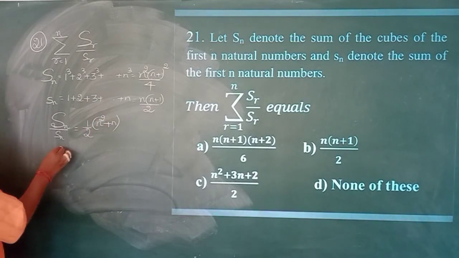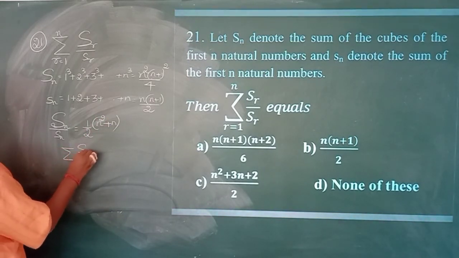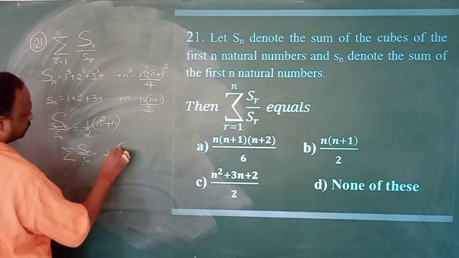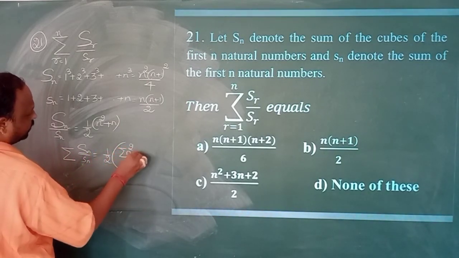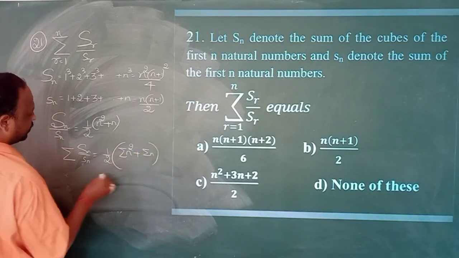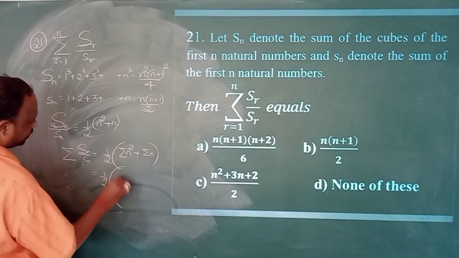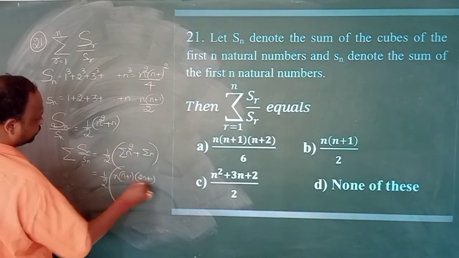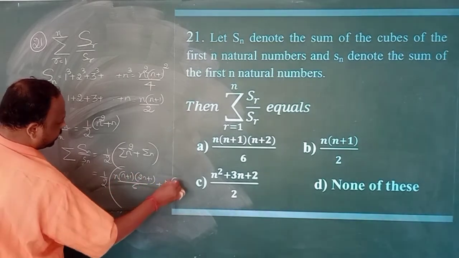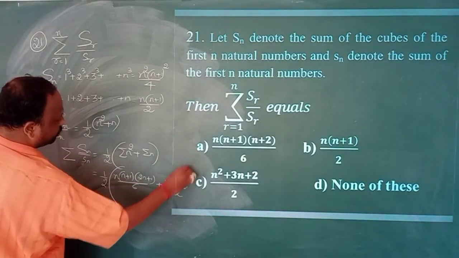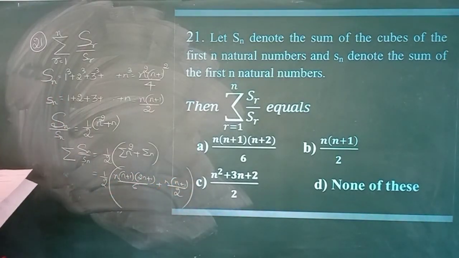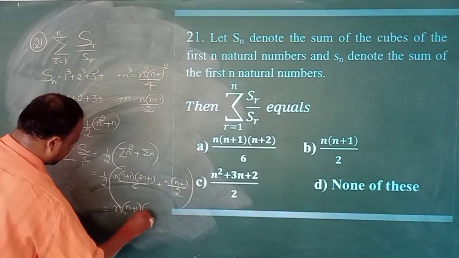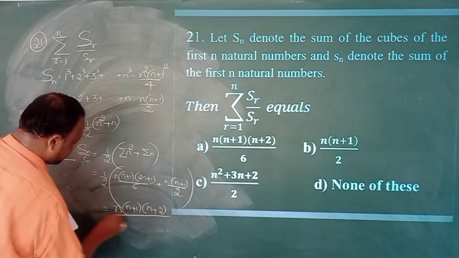Apply the summation. Sigma n square, sigma n. Sigma n square will be n into (n plus 1) into (2n plus 1) by 6, sigma n is n into (n plus 1) divided by 2. So you will get n into (n plus 1) into (n plus 2) divided by 6.